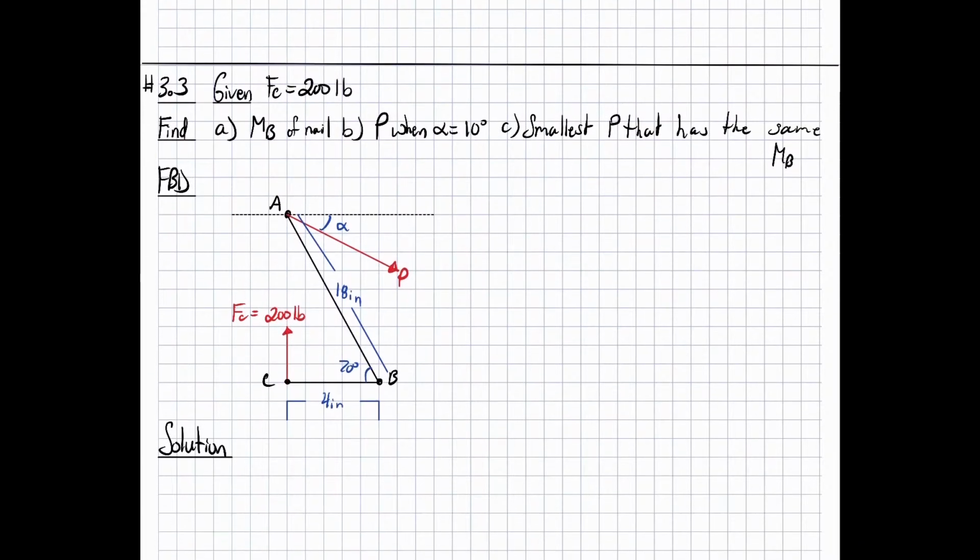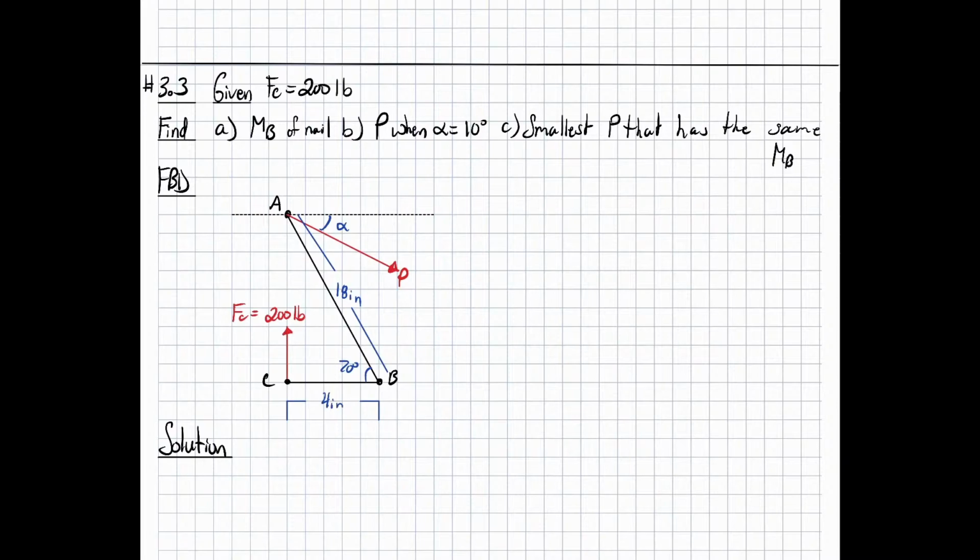Okay, so for our next problem, chapter 3, this deals with moments. So we're going to go over 3.3. They gave us that a force at C is going up vertically of 200 pounds. If you look at the picture in your book, this is basically just a little bar with a nail at point C, and they're trying to pull the nail out so they can remove the bar.